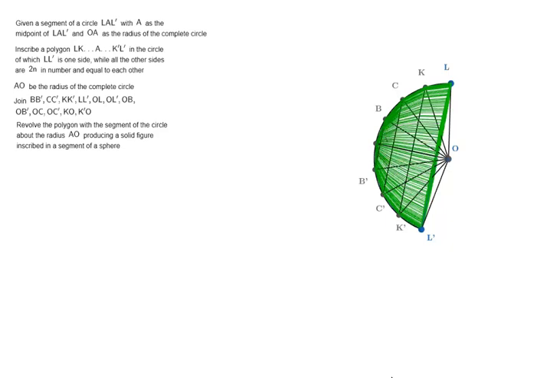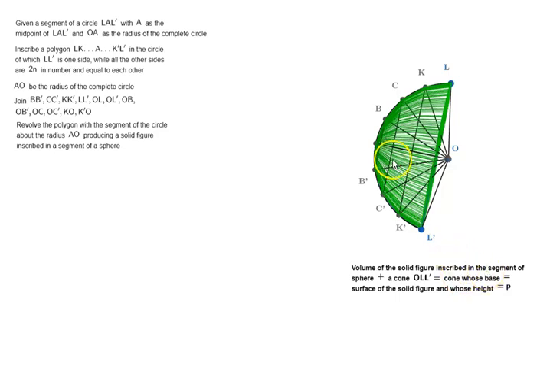Now what the proposition is saying is that the volume of the solid figure inscribed in the segment of the sphere plus the cone LOL prime. So let me draw that cone also.